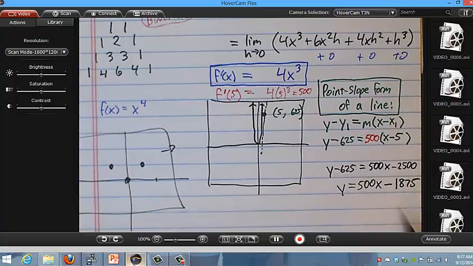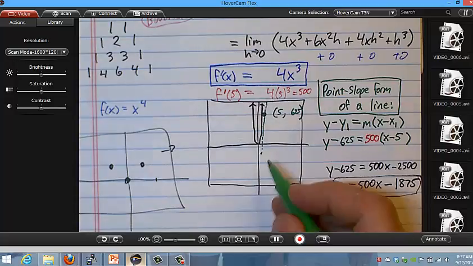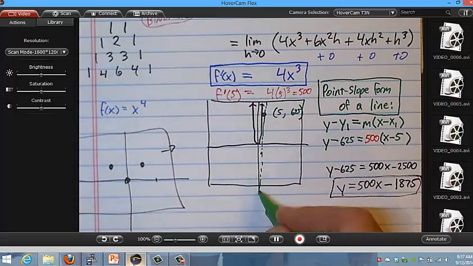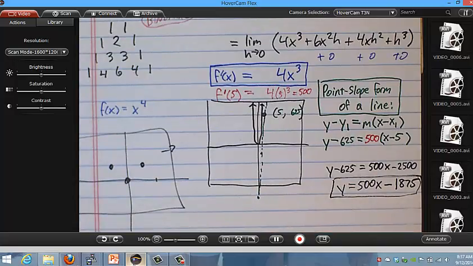Okay, so there's the equation of my tangent line. Does that look right? Reasonable, right? Your y-intercept will be way down here somewhere, and the slope is 500 to get there. You guys follow?